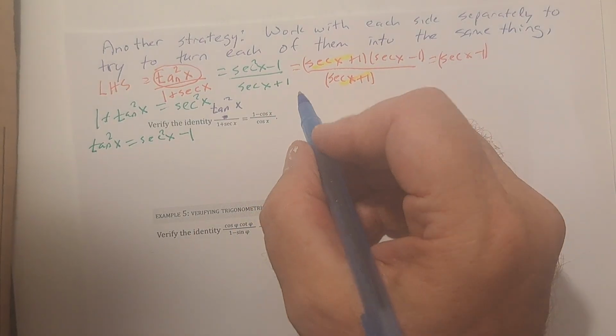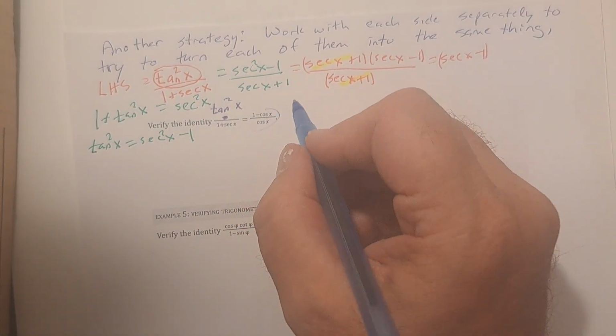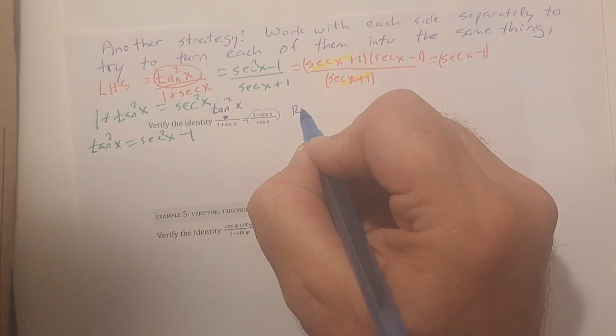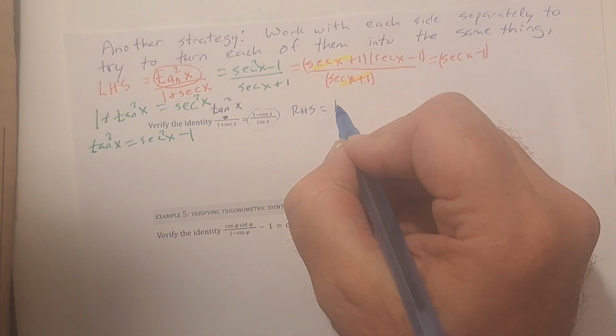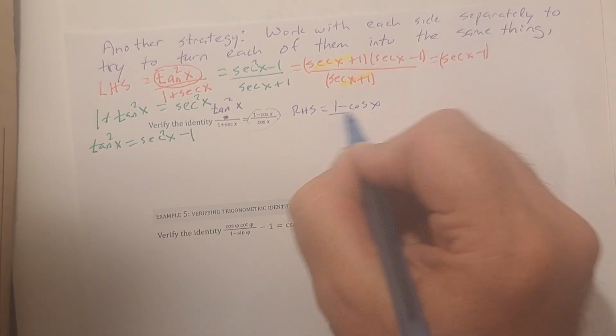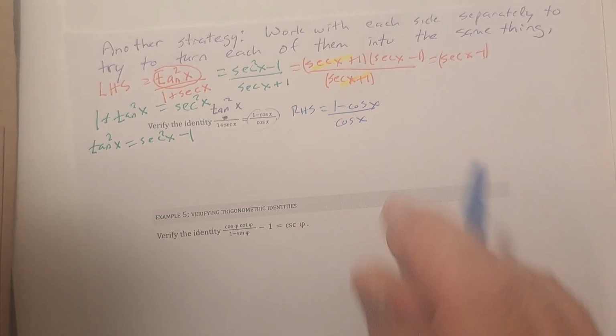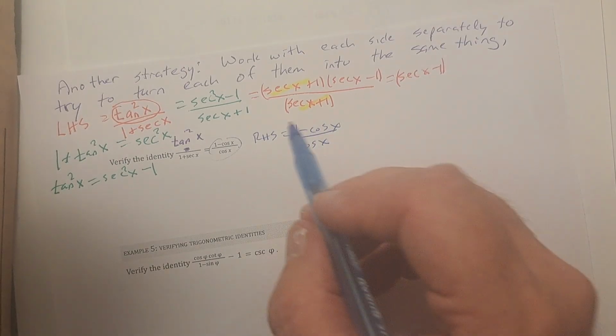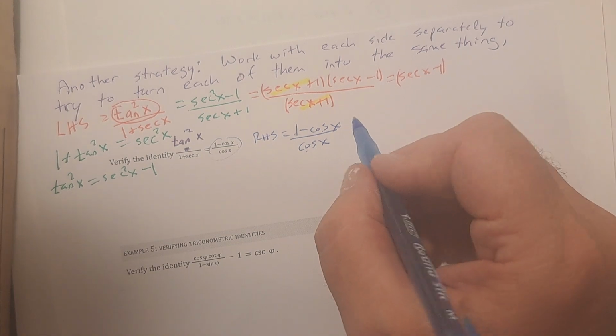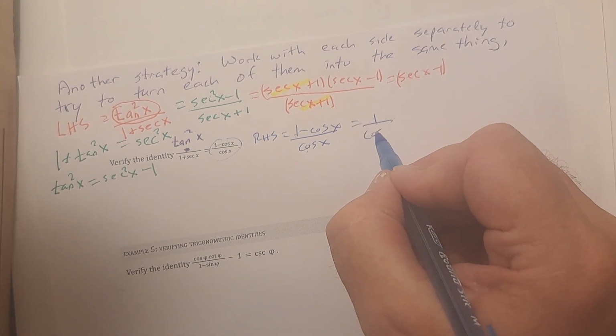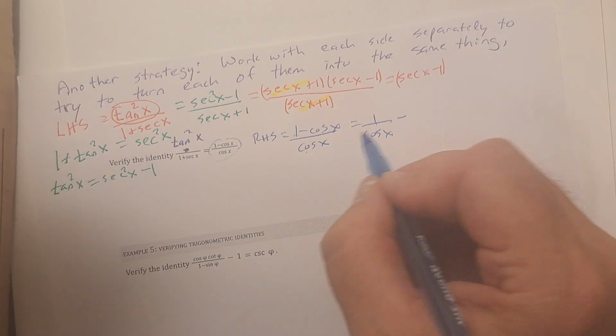So now let's work with the right-hand side. Okay. Well, I could distribute this cosine to each term, and then I'd get 1 over cosine minus cosine over cosine.